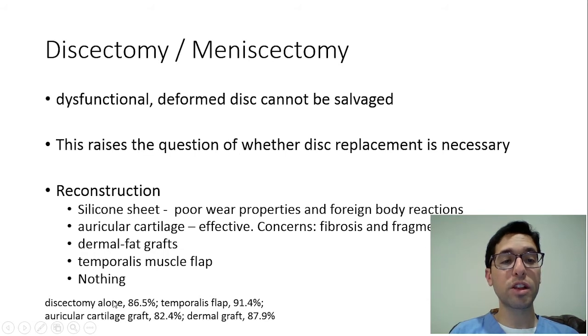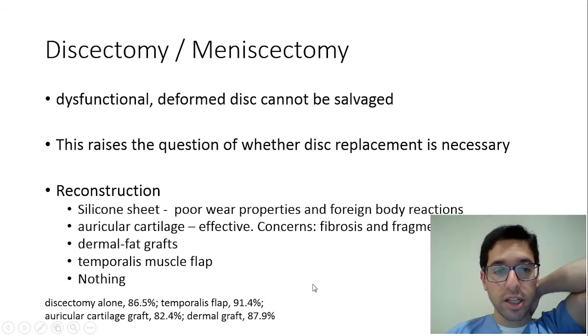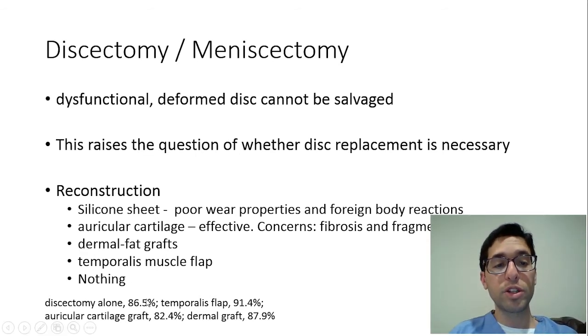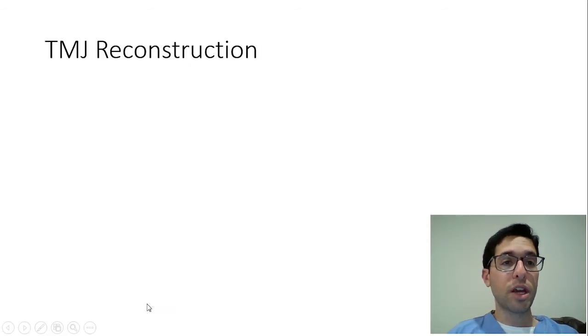Discectomy alone, meaning no reconstruction, showed about 86% success, versus the temporalis flap, 91%, the auricular cartilage, 82%, and the dermal graft, 87%. So all of them are fairly successful, and the temporalis flap may be just a hair better than the rest. But technically, discectomy alone has been shown to be perfectly fine as well.